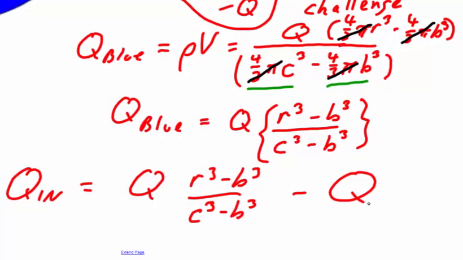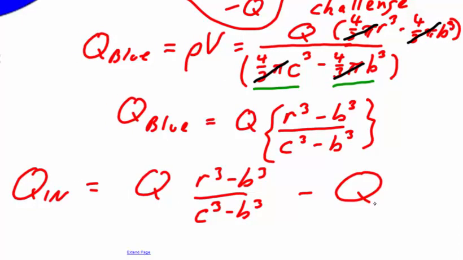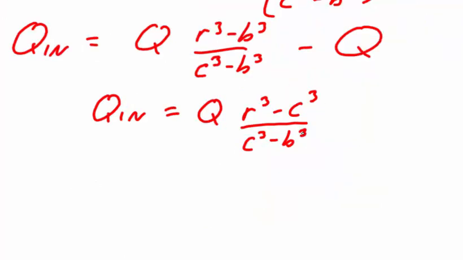At this point, if you were to leave this as your expression for Qin, you still get full credit on an exam. However, since this is a review video, we're going to simplify by finding a common denominator of c cubed minus b cubed so that we get the following result for Qin in a pretty and compact form. Qin is Q times r cubed minus c cubed divided by c cubed minus b cubed. Let's check the limits one more time.